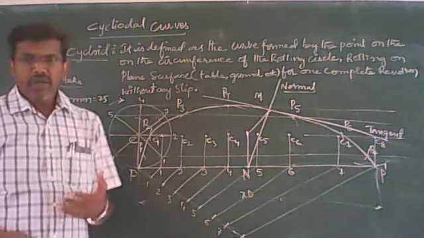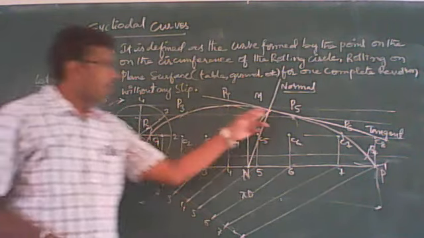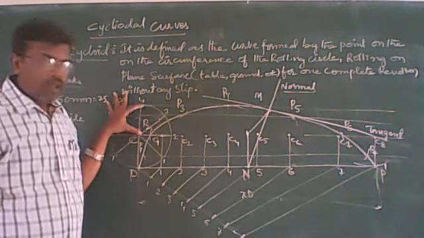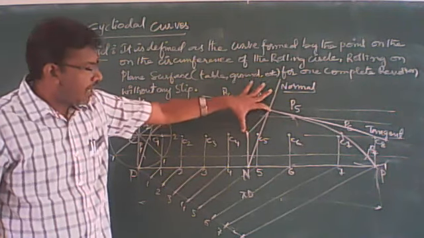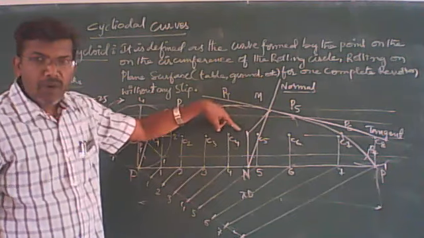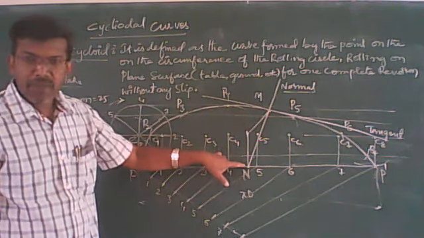Once again I repeat how to make a tangent and normal for a cycloidal curve. First take any point on the curve, take the radius. Just keep the point as a center, make an arc on the center line. Then next, from this point, draw a perpendicular line to the PP dash.